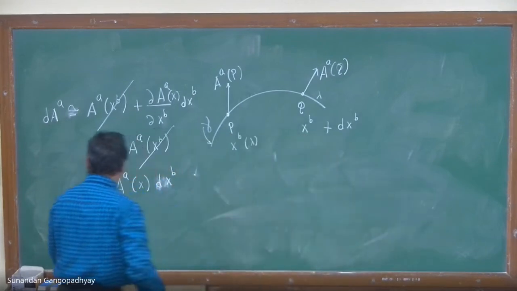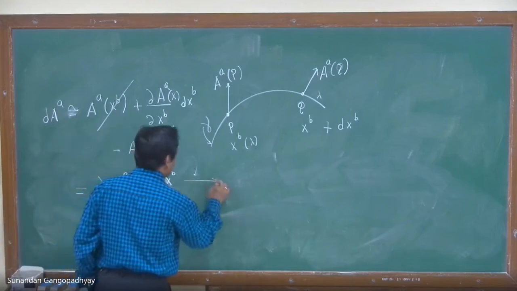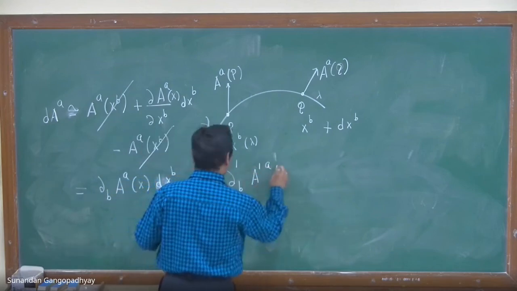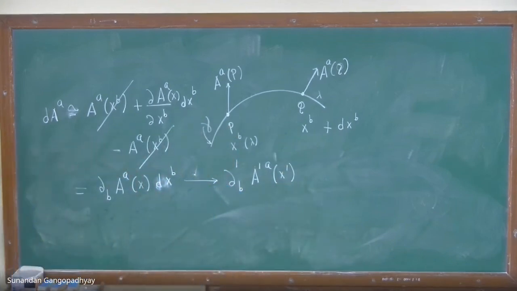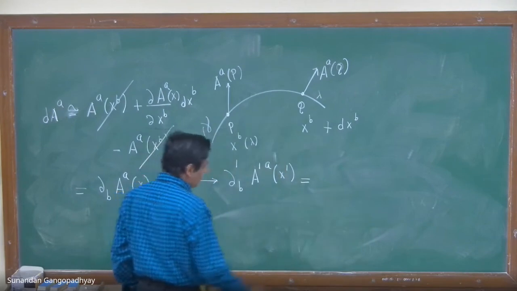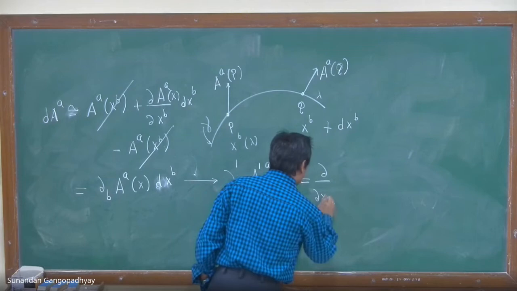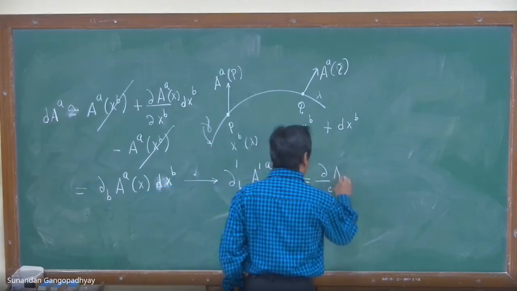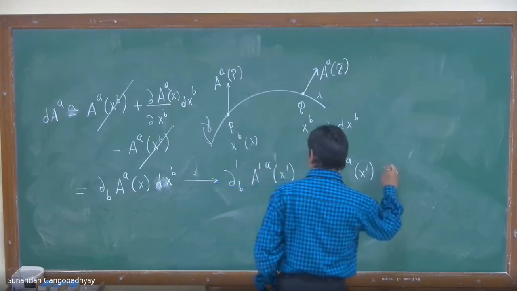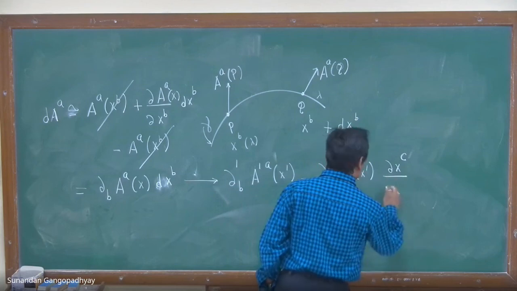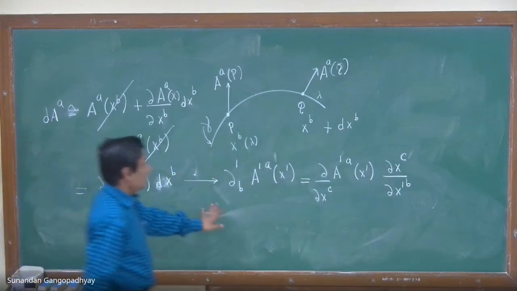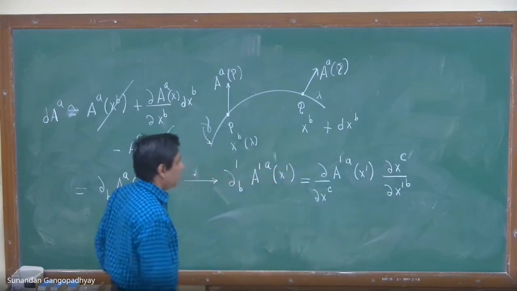Under a coordinate transformation, x going to x prime, this will go to del prime_b A prime_a. So I can write this down as the derivative of x^c with respect to x prime^a, times A_c.